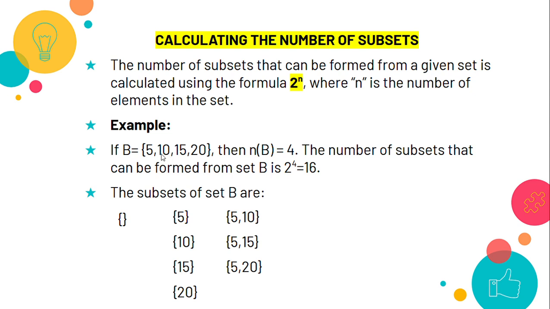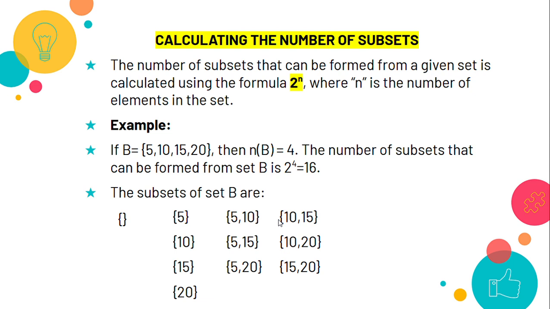So I'm going to keep my 10 constant and pair it with all the remaining elements. Please note that the 10 was already paired with the 5, so we don't need to pair that again. So we would pair 10 with 15 and 10 with 20. So 10 is paired with all other elements now, so we move to the next one, which is 15. And 15 is paired with 20. It was already paired with 10 and already paired with 5. So these are all the possible two element sets that we can create.